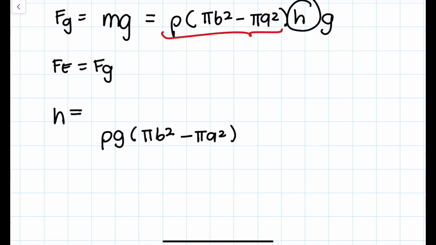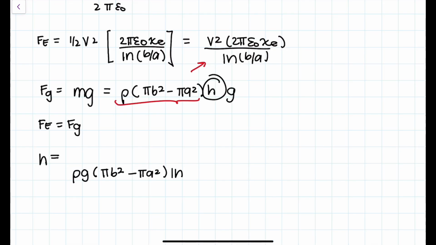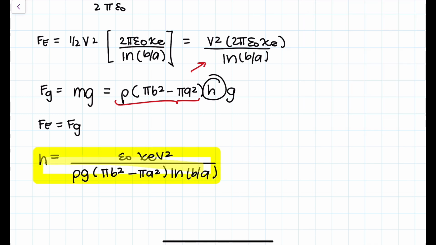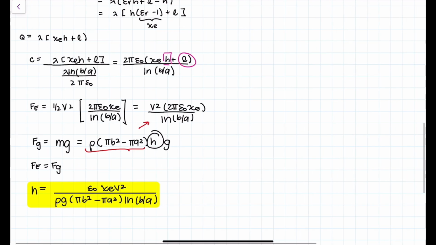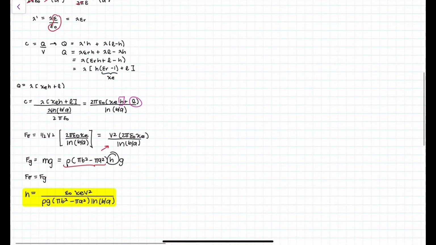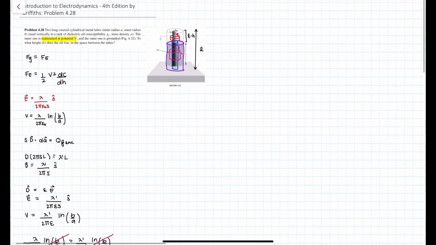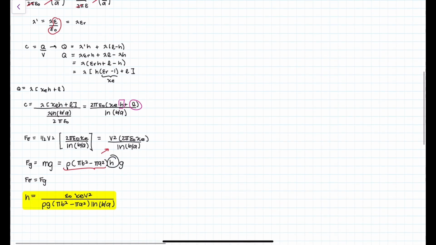Then that is the weight. So this is the height that the oil will rise in the space between the tubes. Hopefully you got more insight on how to approach a problem like this. Thank you so much for watching.